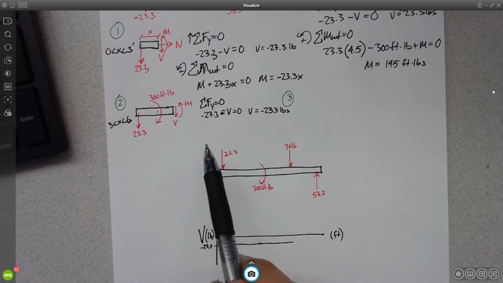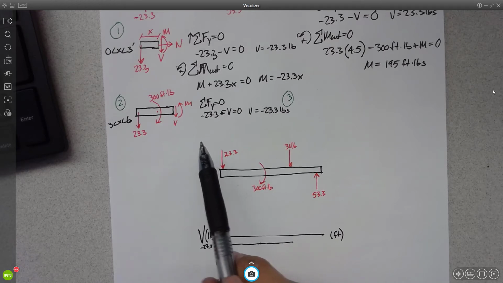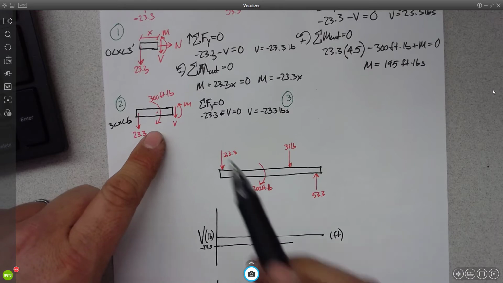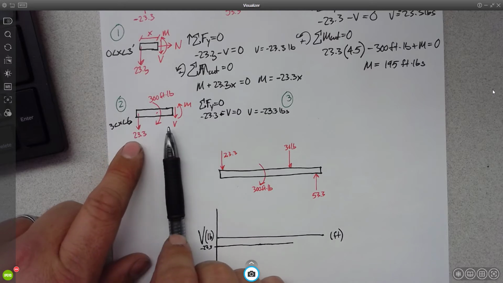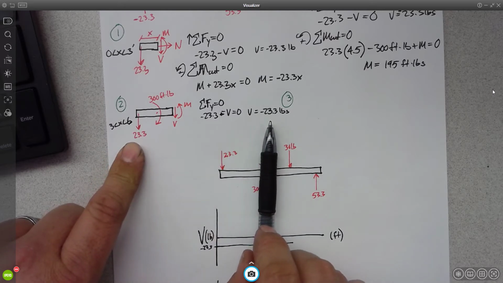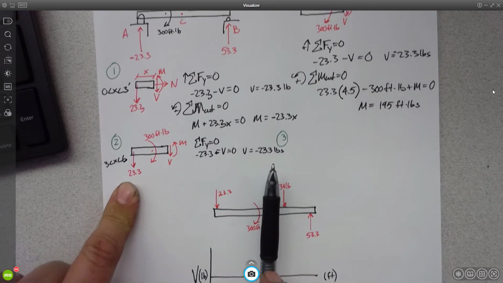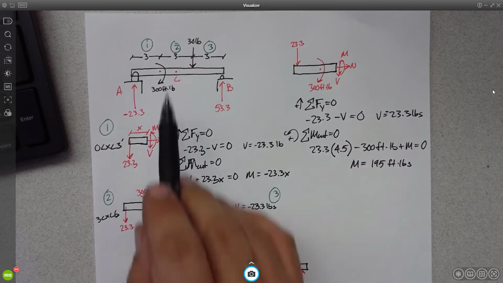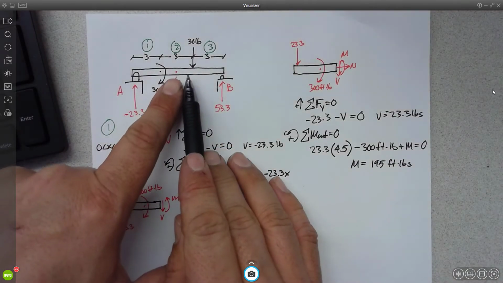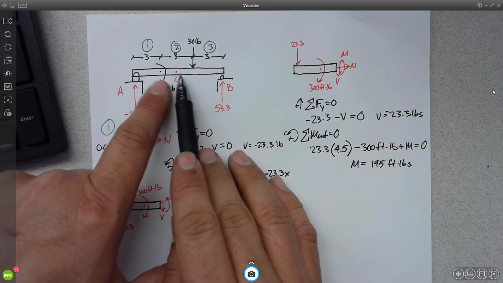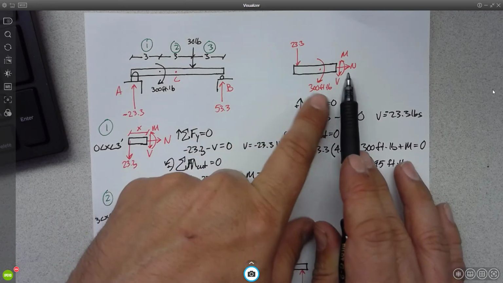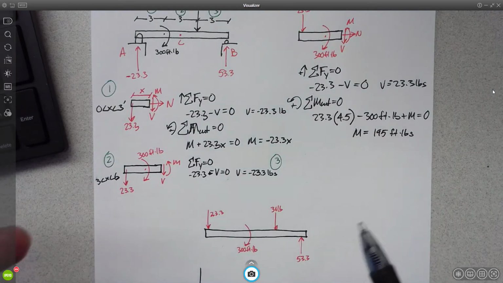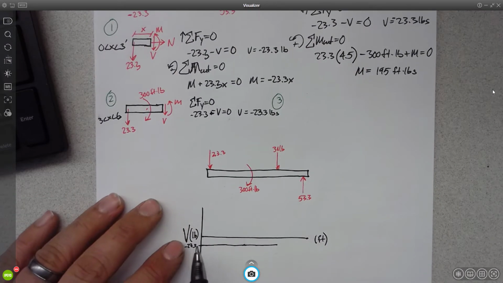Say that again? So you drew region 2, but you went from 0 to 6, not 3 to 6. Got it. So Liana's pointing out, how come your free body diagram is from 0 to 6, but you're saying these equations are only good for 3 to 6? Is that your question? Right, that is a great point. While these equations are only good for this region, if we were finding the internal loads for this region of 3 to 6, we'd have to draw a free body diagram like we did over here, so we have to include the end pieces. Remember, all we're really doing is trying to make a plot from one end to the other.